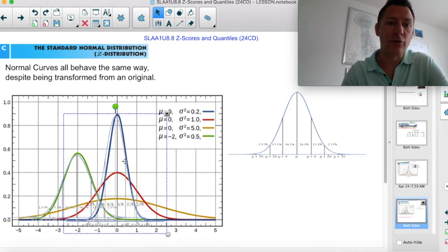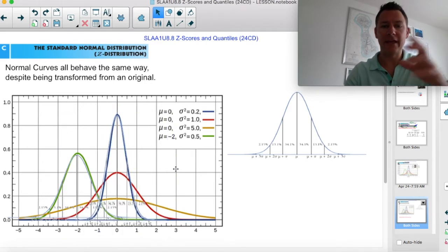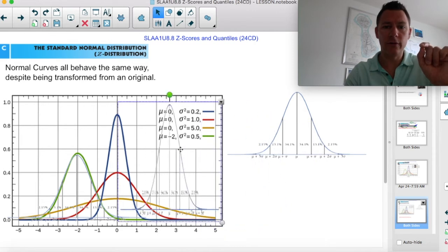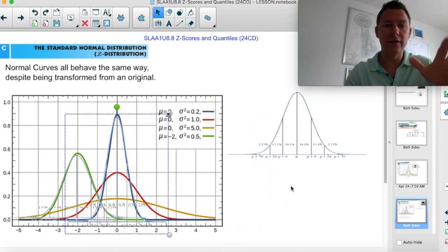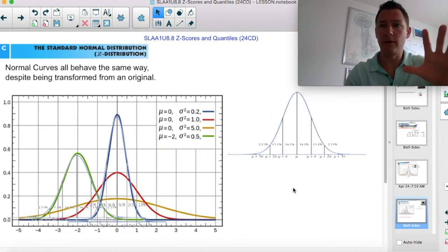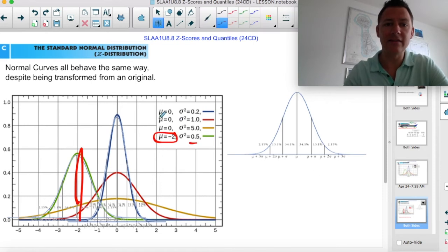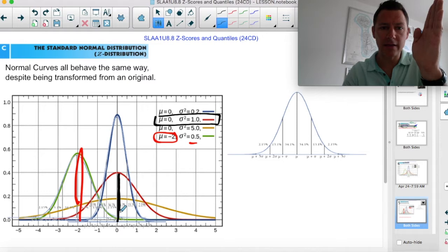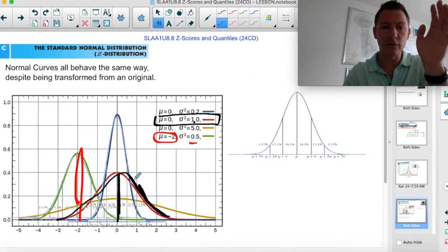That's what a standard normal distribution curve is: taking an original curve that you have data for and turning it into a basic one that is the standard for everybody. We try to pick the easiest mean and standard deviation, which is 0 right in the middle, and a standard deviation of 1. And if we transform all of these into this curve, the red curve, then we can compare two sets of data.